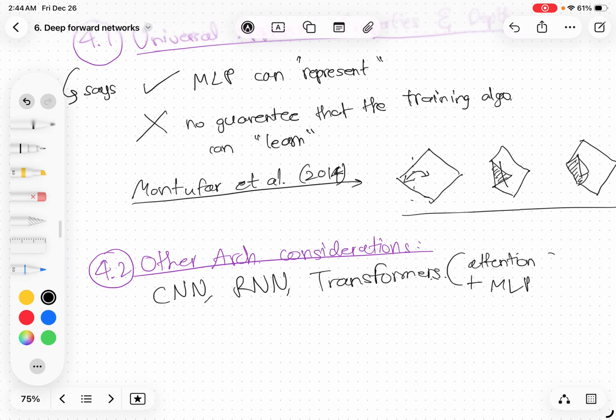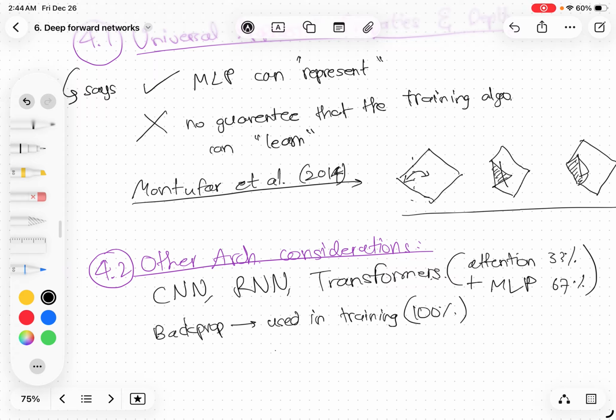Now attention is used about 33%, and the standard multi-layer perceptron is used about 60% of the time. And remember that the backprop that we'll see in the next section is used in training 100% of the time, not in inference. So when you ask an LLM a question, it's not backpropagation that is being used, but the grace of transformers.